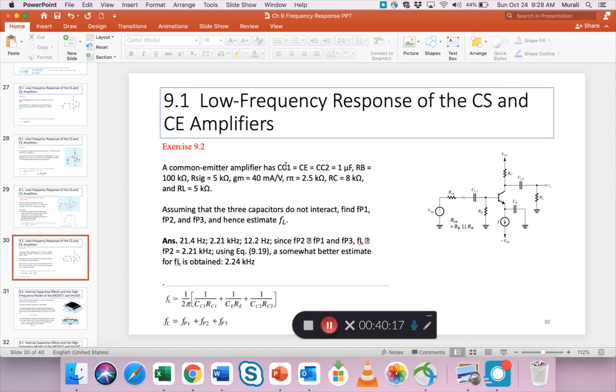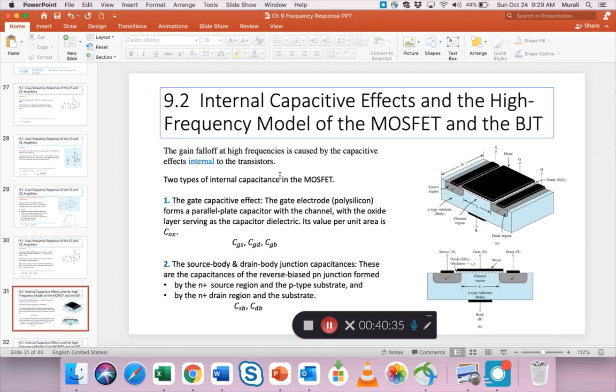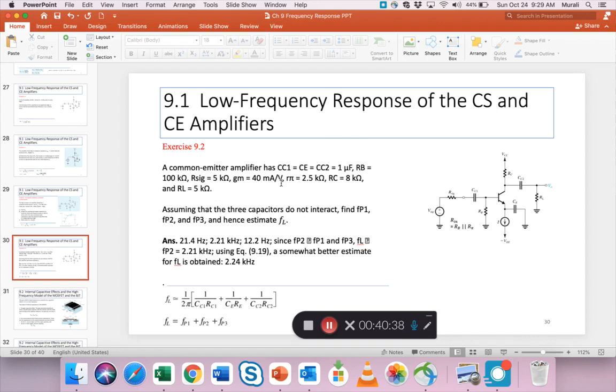Another thing that you'll notice is all three capacitances have a common value, 1 microfarad. That's a bit unusual because normally we find that the CE, this capacitance, is much higher than CC1 or CC2. But anyway, that's the problem given. And so based on this information, we have to solve. The answers are also here, so we'll come back and look at it.